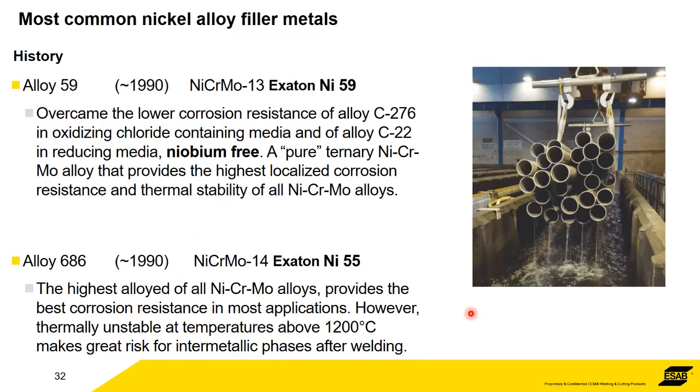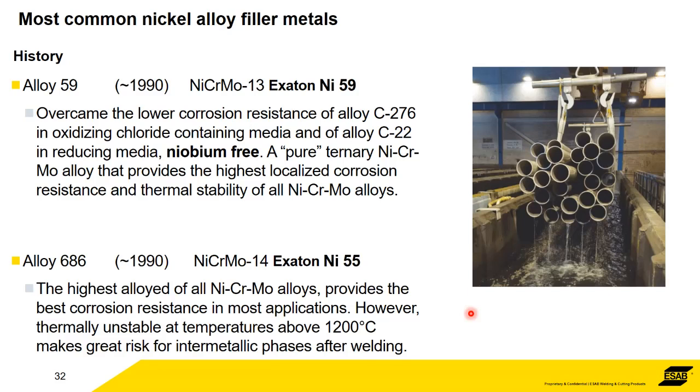Alloy 59: it's only in the 1990s that alloy 59, nickel chrome moly 13, became available commercially. It improved on the corrosion resistance in chlorine, and it's niobium free. It's a pure ternary nickel chrome moly alloy, so it's got the highest local corrosion resistance and thermal stability.